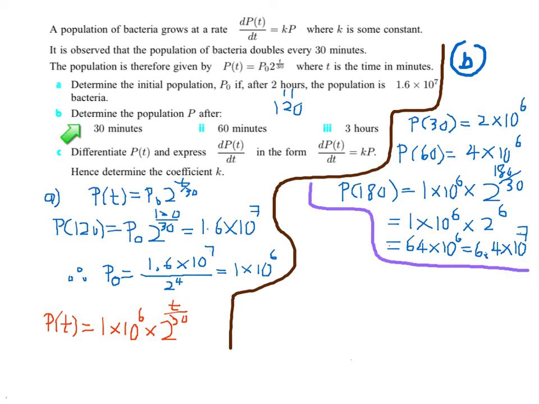And finally, part C is really a skill that we need to acquire. I'm going to do just a small bit, start a little bit, and then explain the way to do that, and give you the final answer for the coefficient k. You start with the function actually given to you, 2 to the power of t over 30.